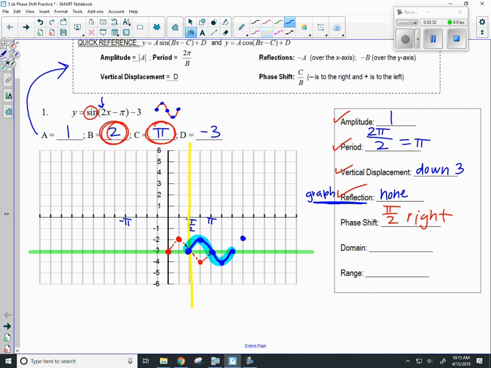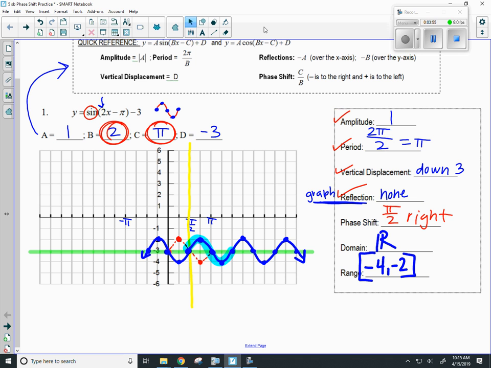I'm going to fill in a few more cycles of this graph, like this. We can now figure out our domain and range. Domain is going to be all real numbers, and range is going to go from -4 to -2.